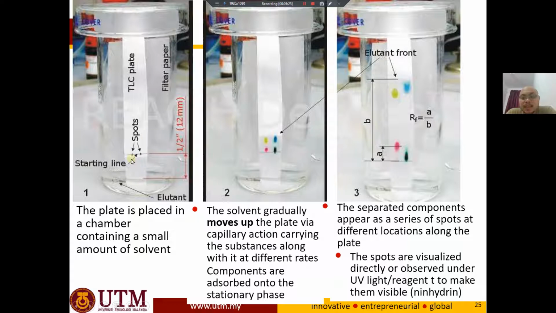For example, here is the gel ink from brand A, and here is the gel ink from brand B. Maybe you wonder what kind of application this has. I can give an example from forensic application. Maybe we would like to compare the ink obtained from the crime with the ink from the suspect.